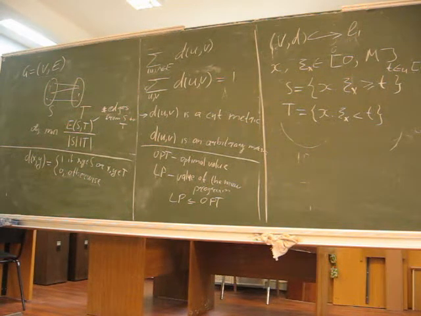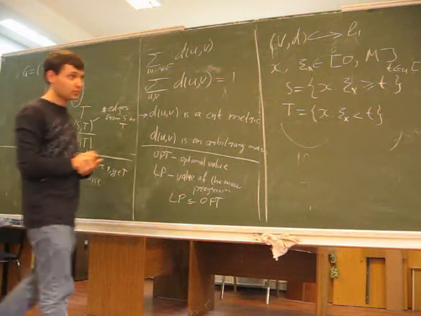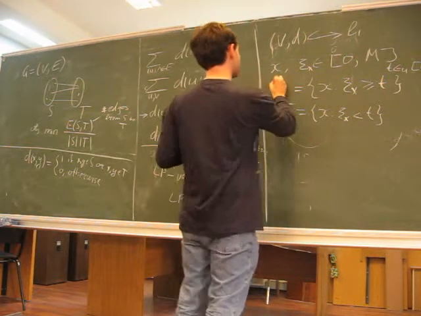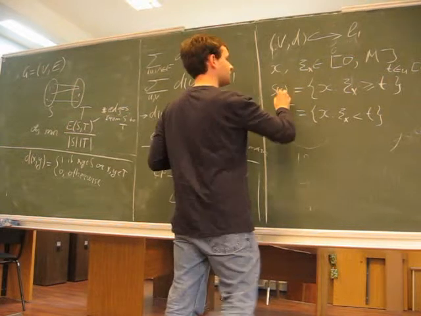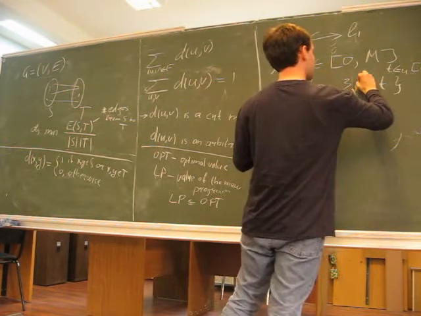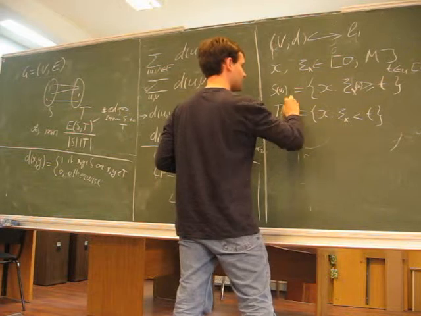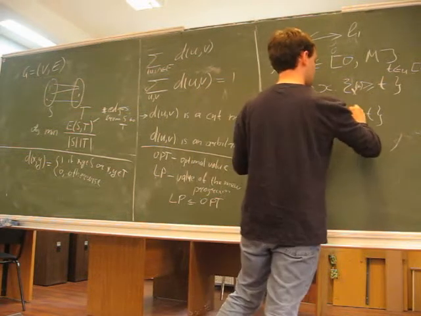For some elementary events omega, S of omega is the set such that Cx of omega is greater than T of omega. T also depends on omega.